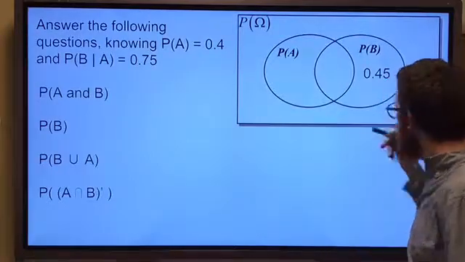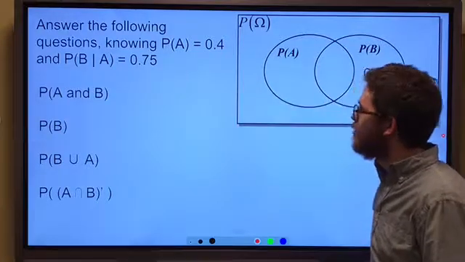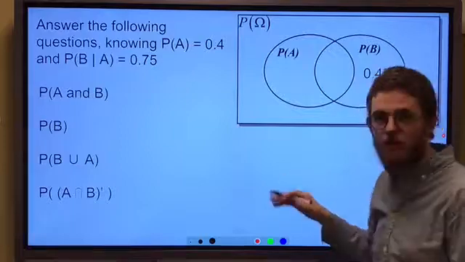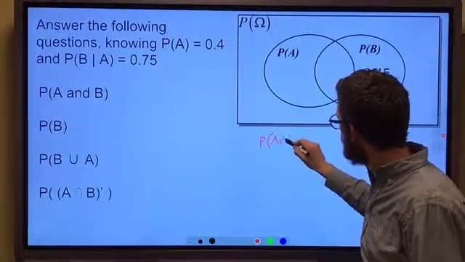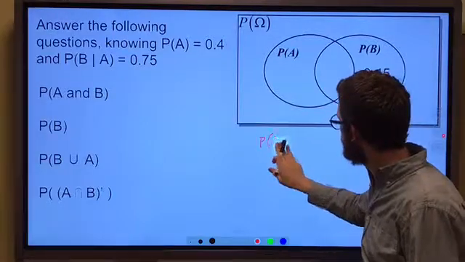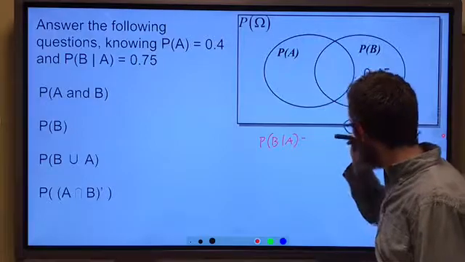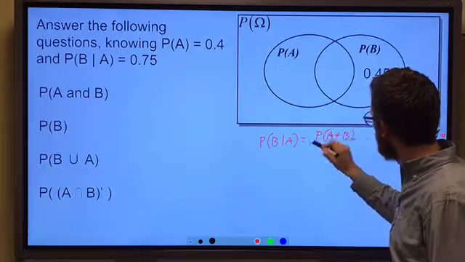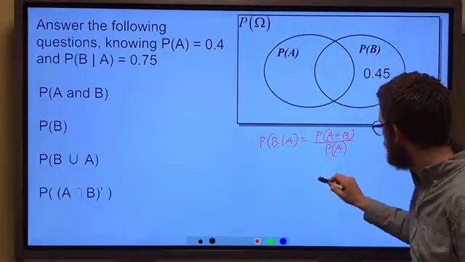All right. So first, if the probability of B given A is 0.75 and the probability of A is 0.4, well, this is very similar to the last one we just looked at. Remember our formula? This is the probability of B given A. So that's going to be the probability of A and B divided by the probability of A. Well, we know the probability of A is 0.4.